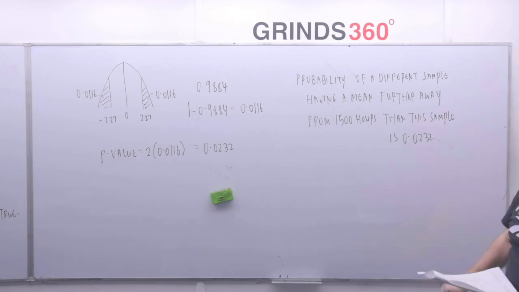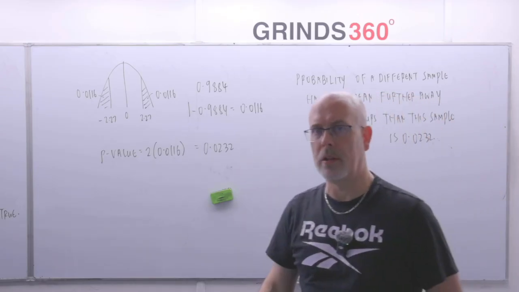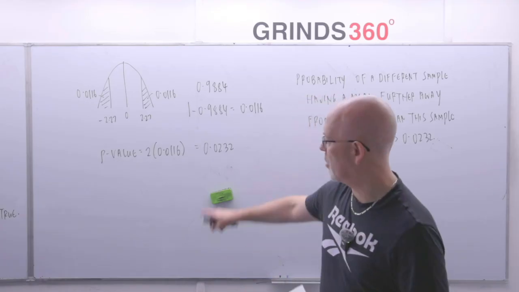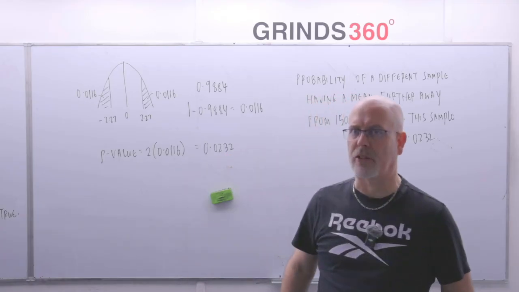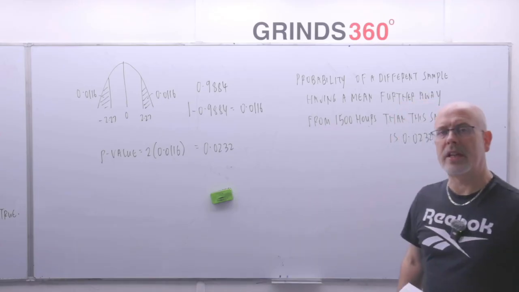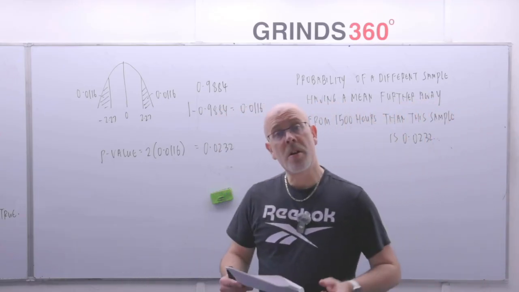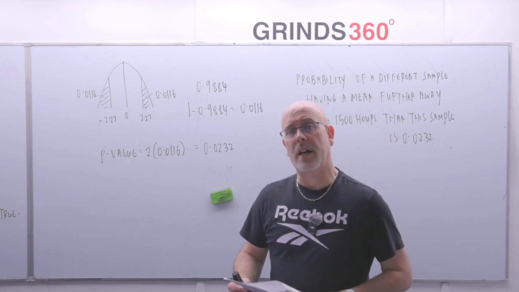If that 1500 hours was still accurate, this would be a very unusual sample group because there's only like a 2.3% chance we could find a group more unusual. So that would start casting some doubt on the initial supposition. So that's how we work with p-values and how we use them in hypothesis testing.